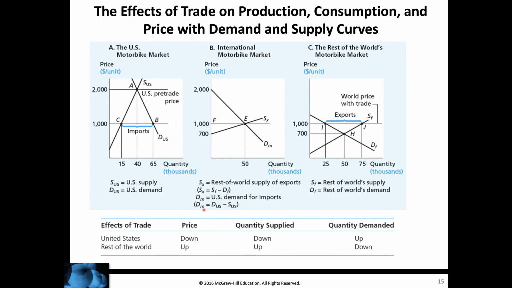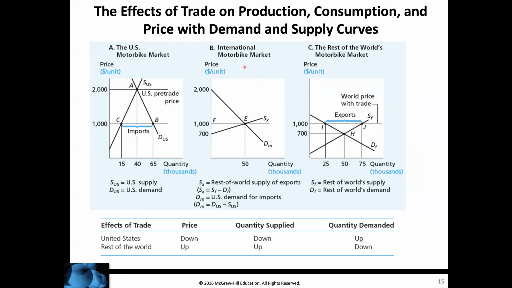So here we can look at the effects of trade on production, consumption, and price with our demand and supply curves. A here is the US motorbike market. You can see our original supply and demand curves, and 2,000 was our domestic equilibrium price.